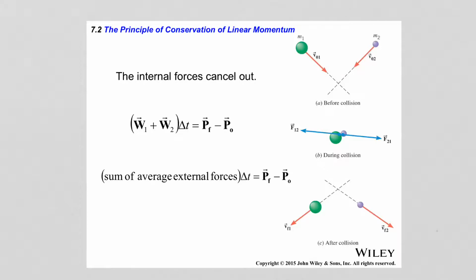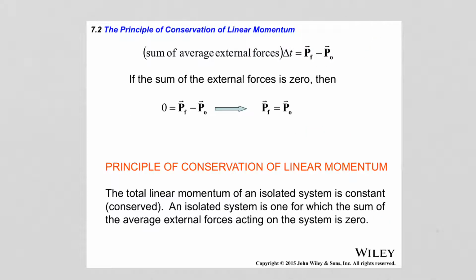This is very important. Now, imagine that the net external force is equal to 0. There is no net external force acting on the system. For example, you take your system of particles, let's say 2 molecules, and you put them in a vessel that is in vacuum, and then you place it somewhere in space where there is no gravitational force due to a planet or a star acting on these 2 molecules.